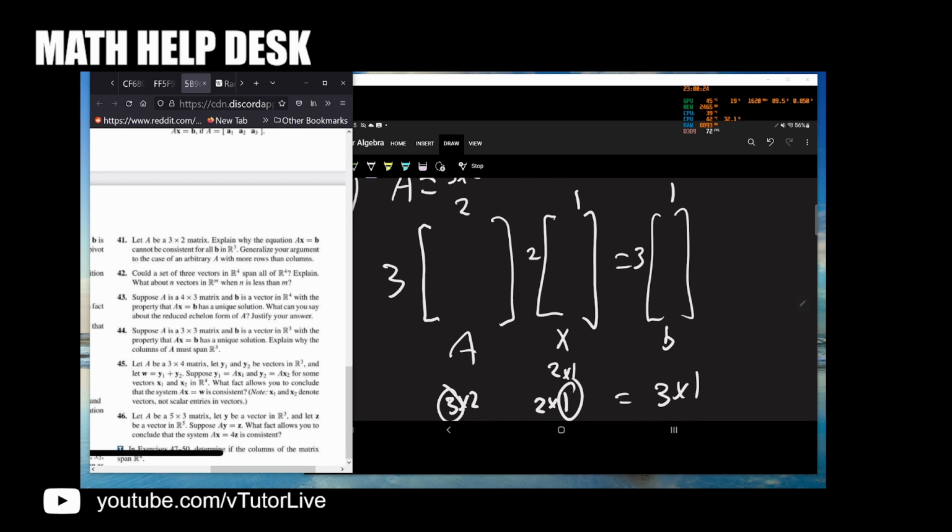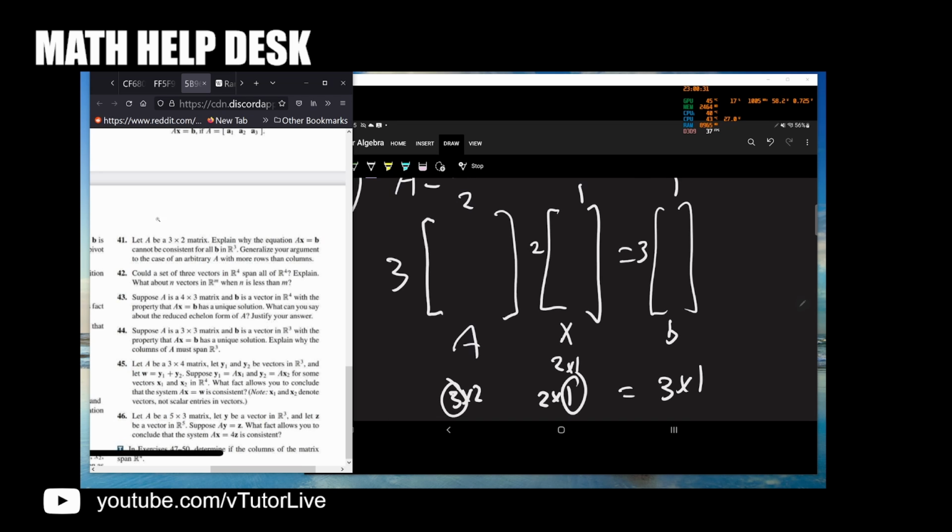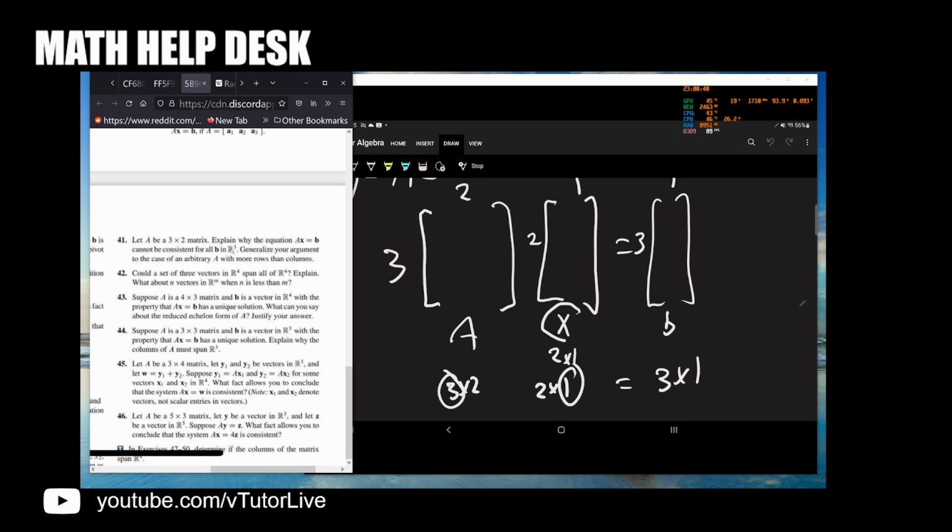So B is 3x1. Let's put this in intuitive terms. It's asking us to show that it cannot be consistent for all B in R3. X is essentially the input, B is essentially the output.